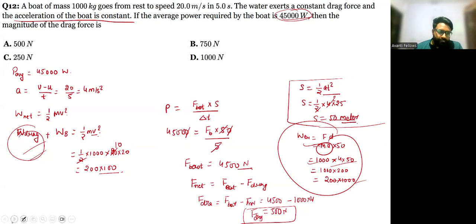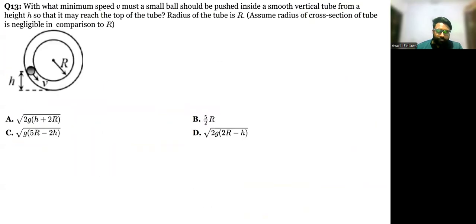Okay. By looking at this question, it seems like a very tough question is written in front of us, but it's very easy if you know how to utilize the formulas or concepts that we have learned.